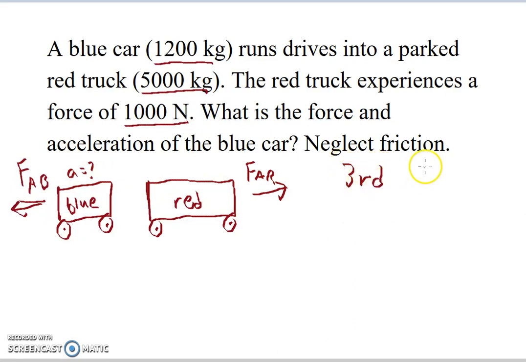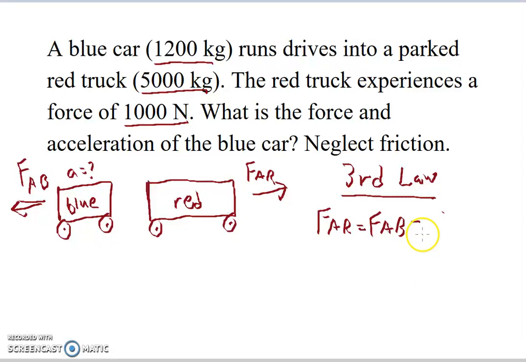So the first one, let's think about the force. By the third law, in this interaction, the forces are equal and opposite. If the red truck experiences a force of 1,000 newtons, the blue car is going to have the same magnitude, meaning the same size, 1,000, but in the opposite direction.